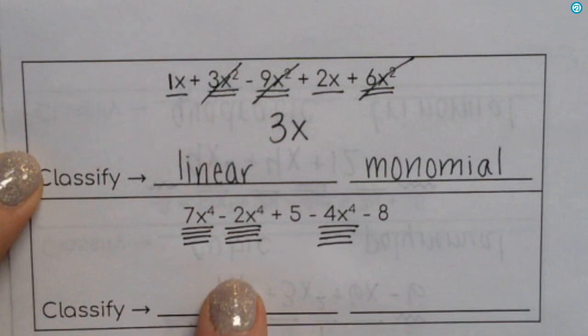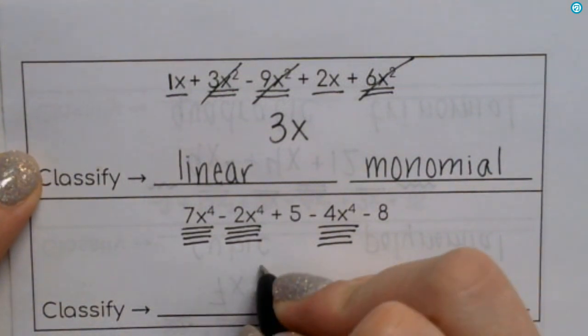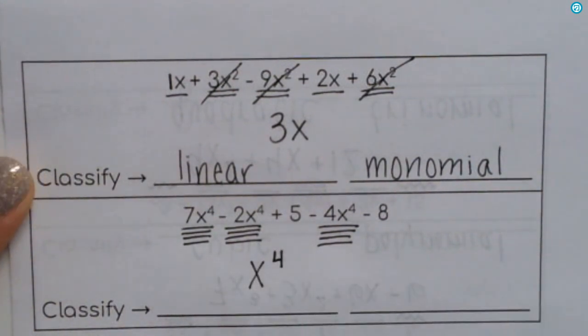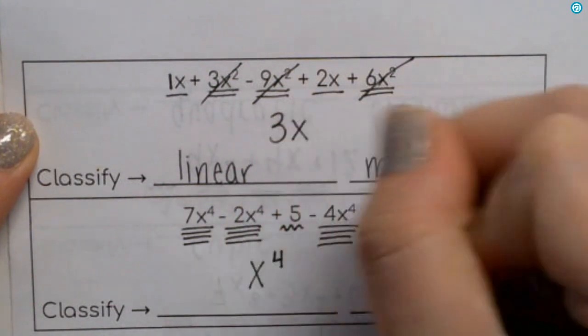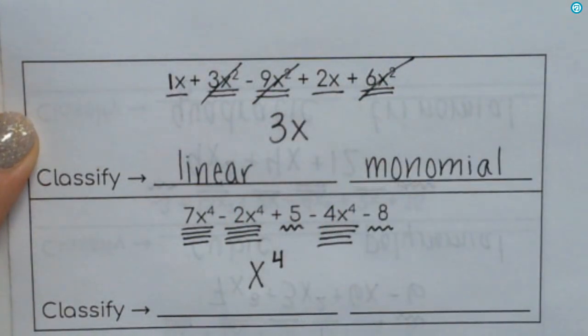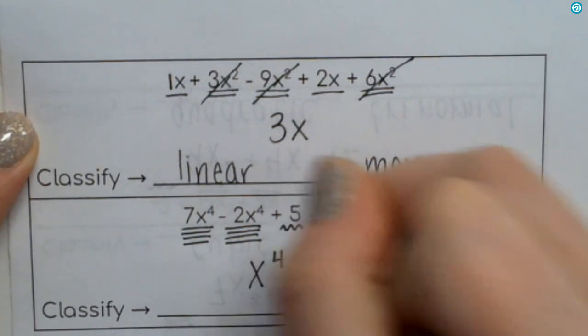You can write down 1x to the fourth, or you could just write down x to the fourth. Because just like we can add in our imaginary ones, we can also take them out. And then we also have this 5 and negative 8. 5 minus 8 is negative 3. So I've got x to the fourth minus 3.